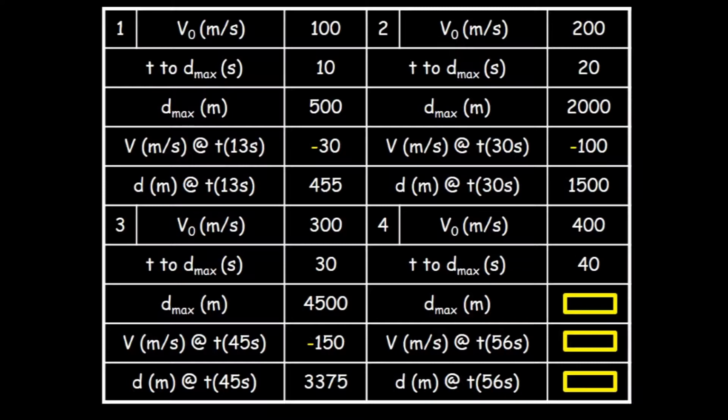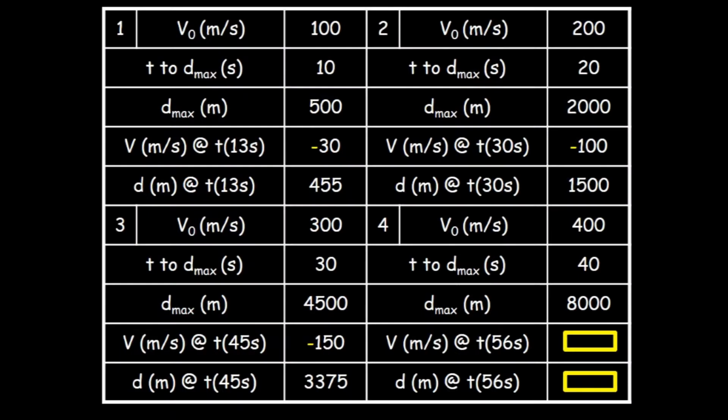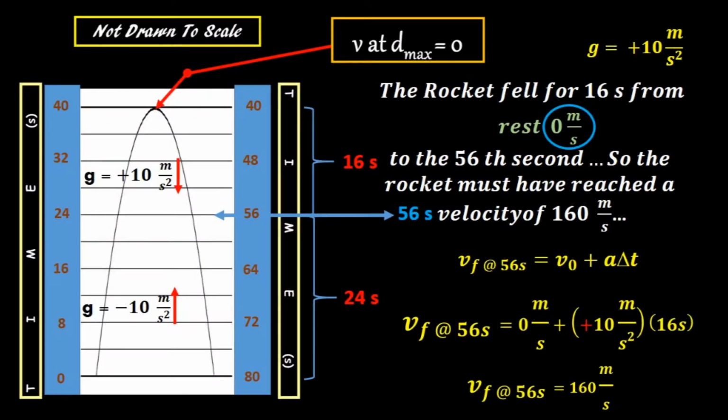And then D max will be V naught T plus 1/2 GT squared. And that'll be 8,000 meters, as you can see here. And then V at T equals 56 seconds, it'll be falling for 16 seconds, so it'll be negative 160 meters per second.